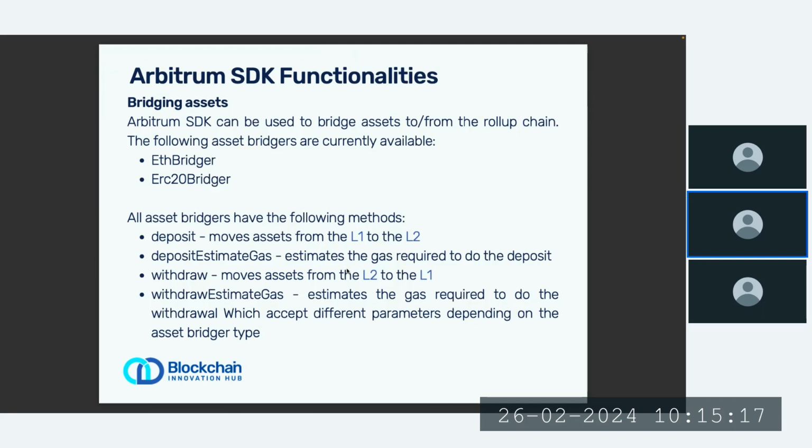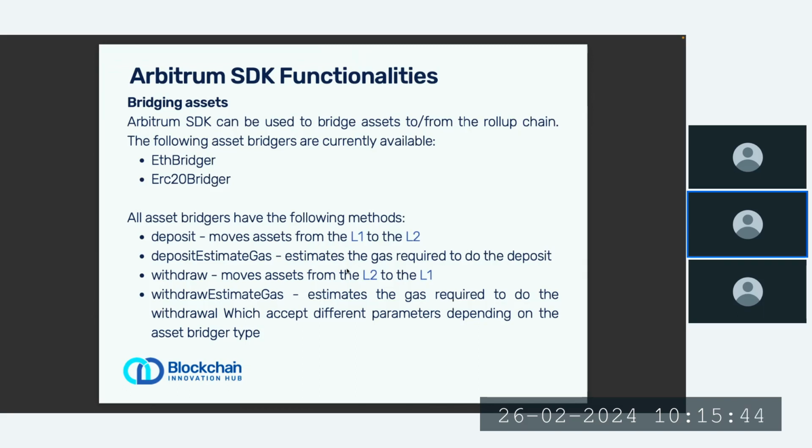So if you want to move your assets back to L1, you have the withdraw method. This moves assets from the L2 to the L1. And then we have withdraw estimate gas. This estimates the gas required to do the withdrawal, which accepts different parameters depending on the asset bridger type. So all the asset bridgers have these four common methods.